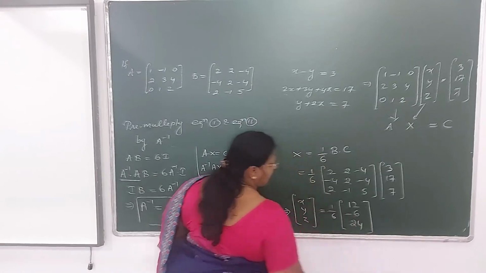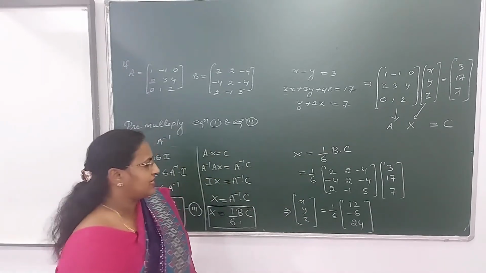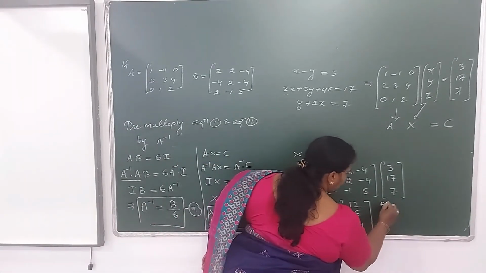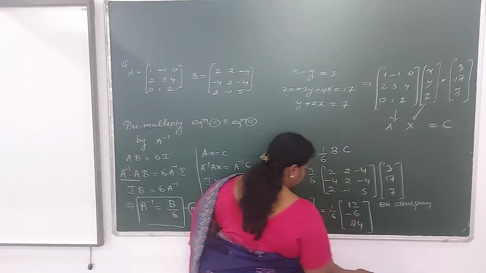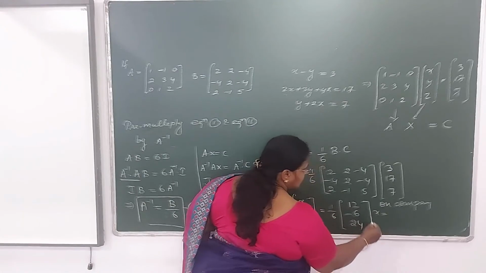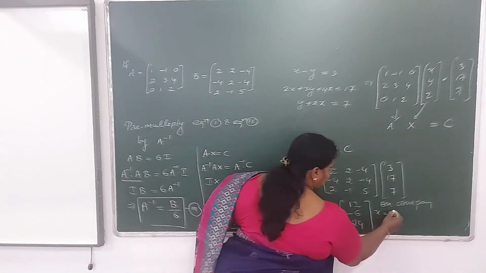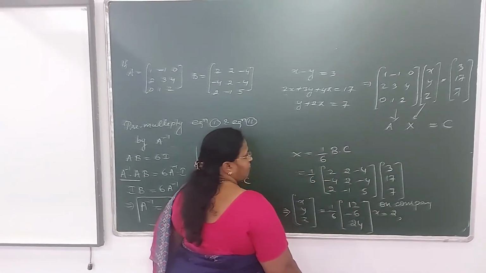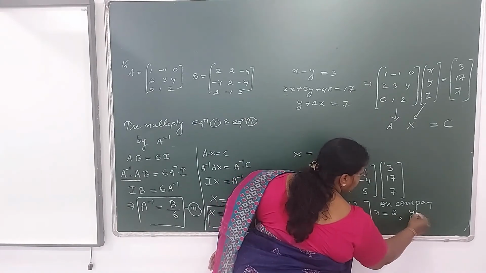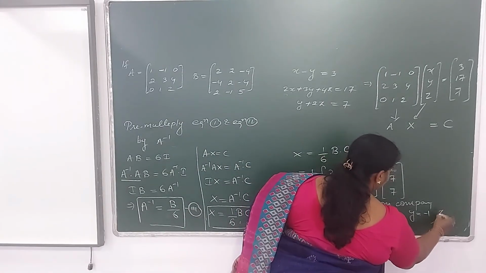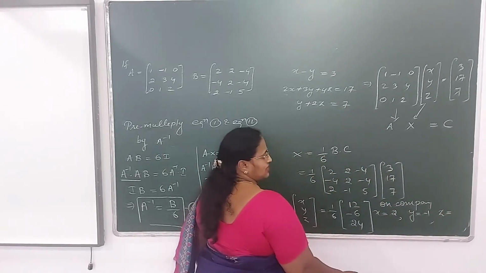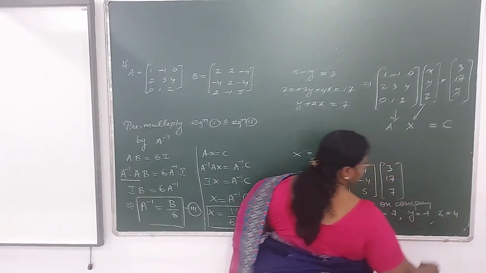Now compare and get the values of x, y, z. So on comparing, the value of x is 12 by 6, it's 2. The value of y is minus 6 upon 6, it's minus 1. And the value of z is 24 upon 6, it's 4.